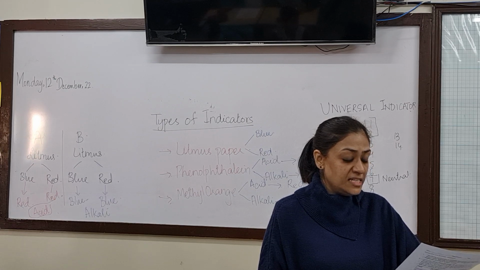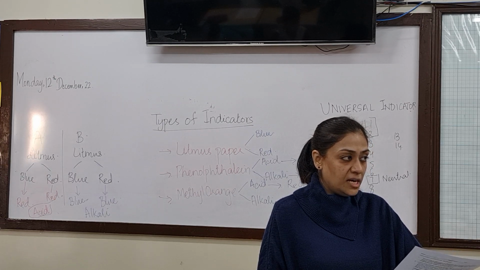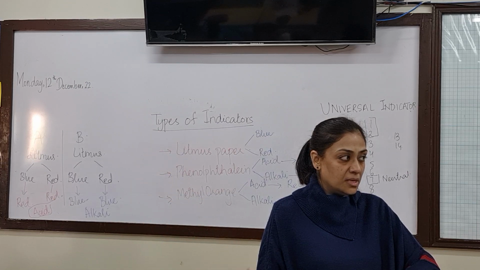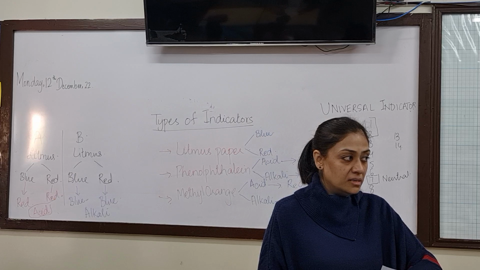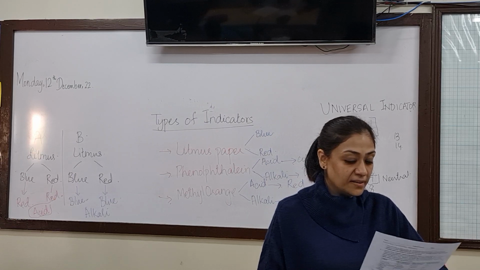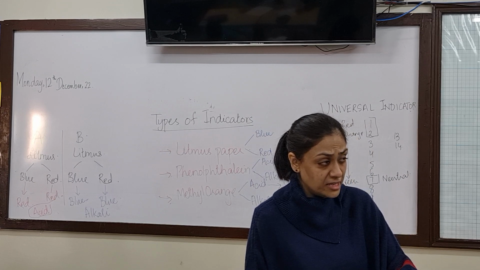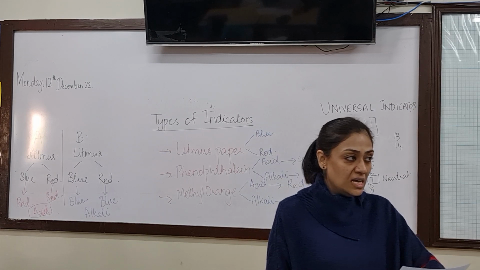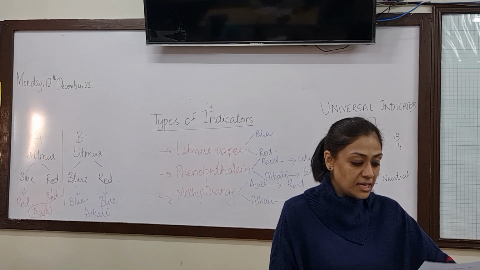Acidic. Do you think 11 to 14 is an acidic pH? Salman. Yes, miss. It is alkaline. It is alkaline, Ibrahim Fareed. From 8 to 14, the pH is alkaline.